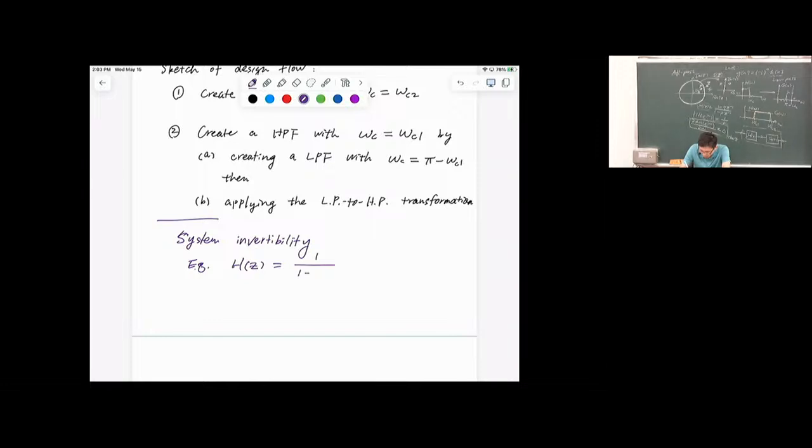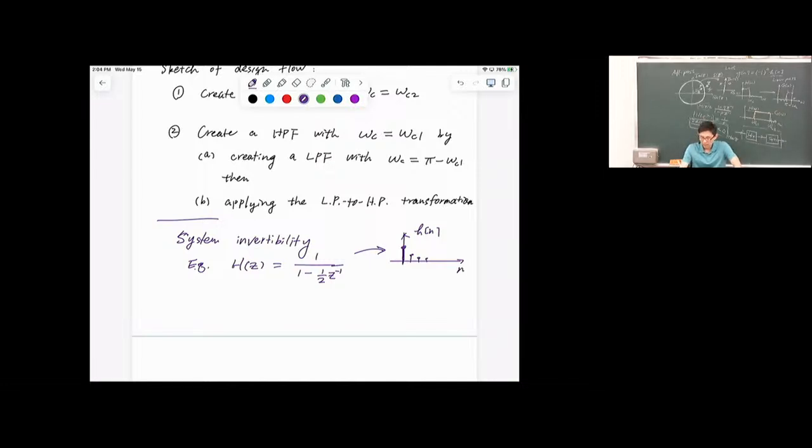And we know that its impulse response is infinite. This is an IIR filter, causal. So h(n), by now you know it's going to be right-sided, and it decays by a factor of 1/2. So this is our impulse response.